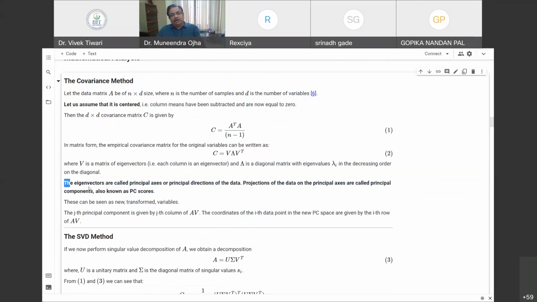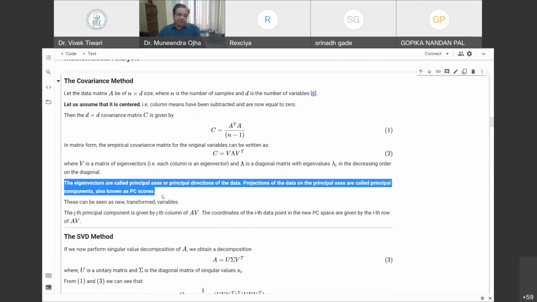So remember, there are a few terms which are defined over here. Listen to it very carefully and with patience. Eigenvectors are called principal axes or principal directions of the data. Okay, so when we obtain an eigenvector, what we are obtaining are the directions. We are obtaining the direction.